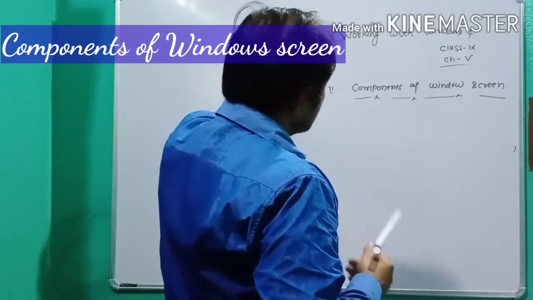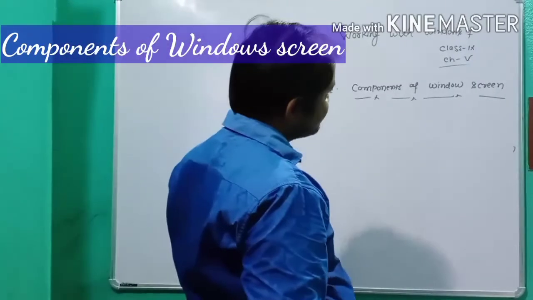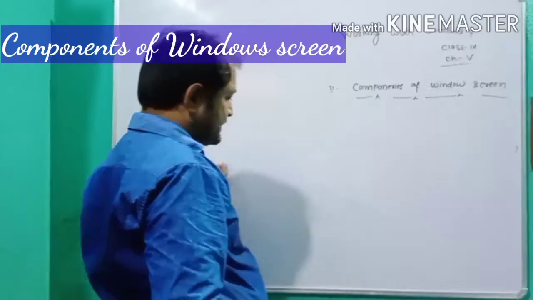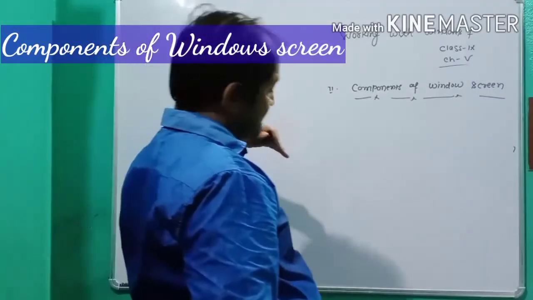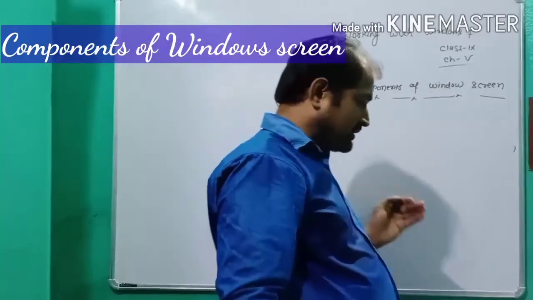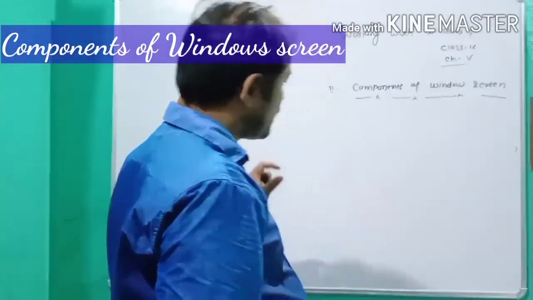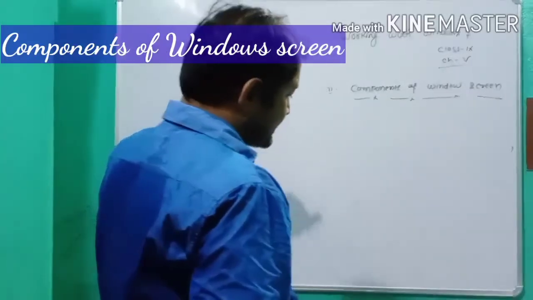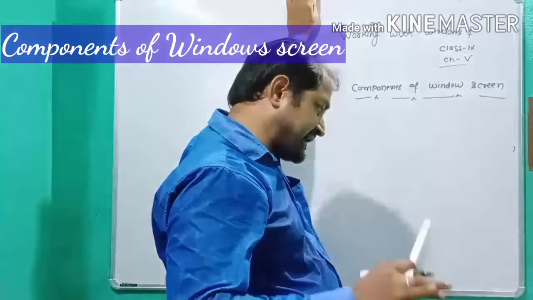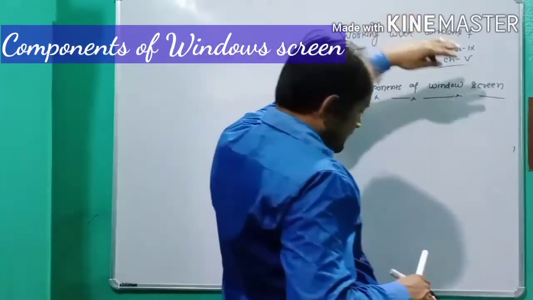What is known as a window? When you open an application or a folder, it always opens with a rectangular frame. This rectangular frame structure is known as a window.